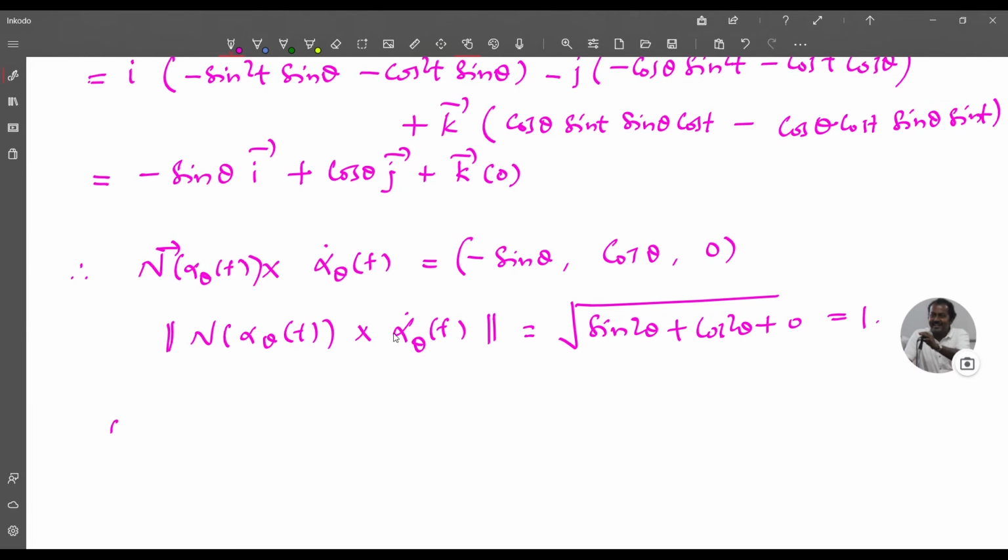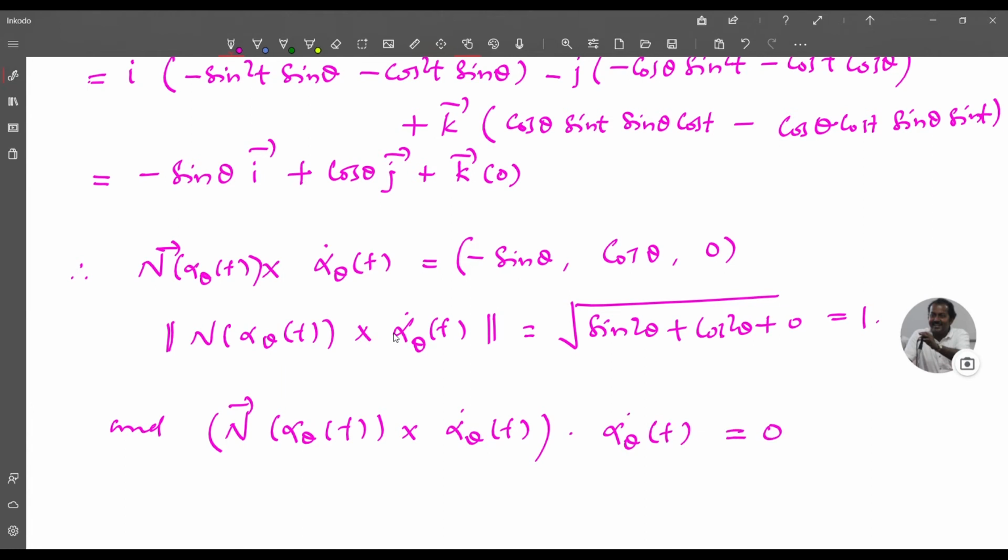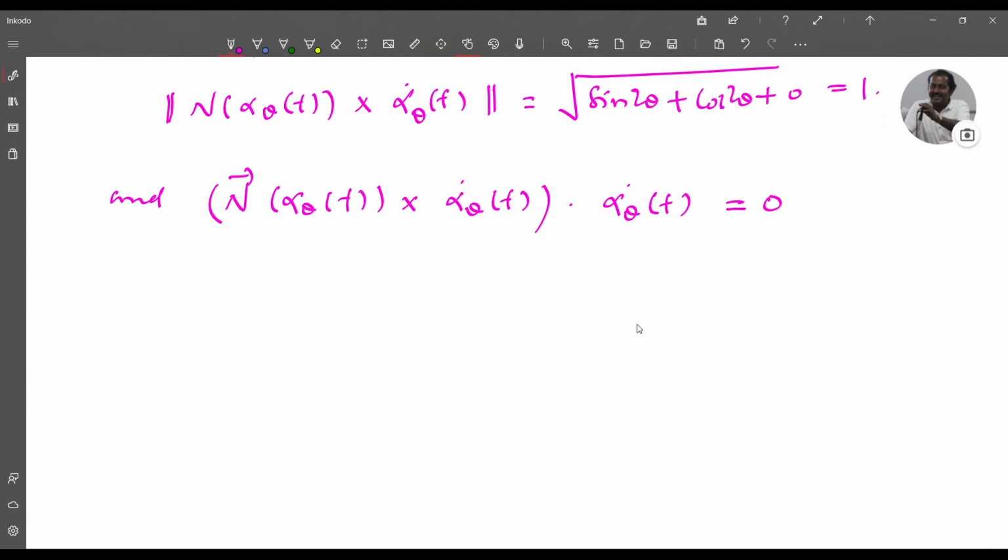And you also know that n of alpha theta of t cross alpha theta dot of t dotted with alpha theta dot of t is 0, because this vector is orthogonal to this one. And you consider norm v theta square. So this is v theta of t dot v theta of t.